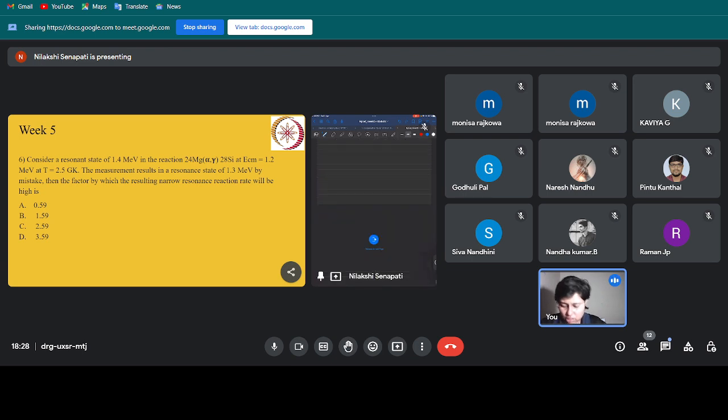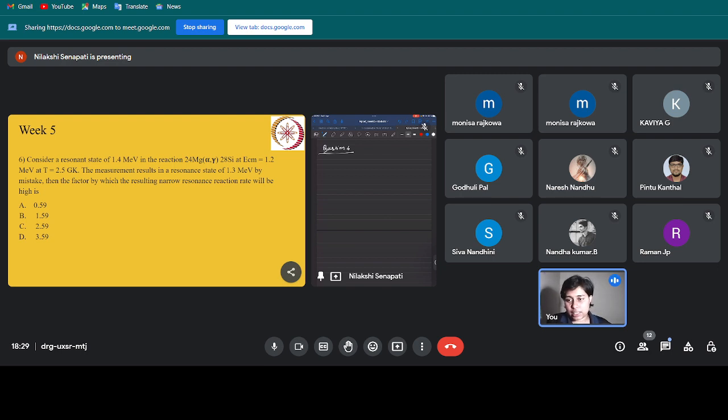This is a very interesting question, because the presentation is a bit different, such that the student will get confused about what they need to calculate actually. So let me read this question again and understand what we need to calculate.